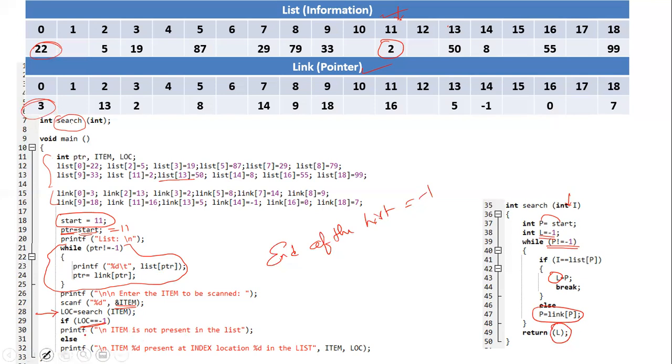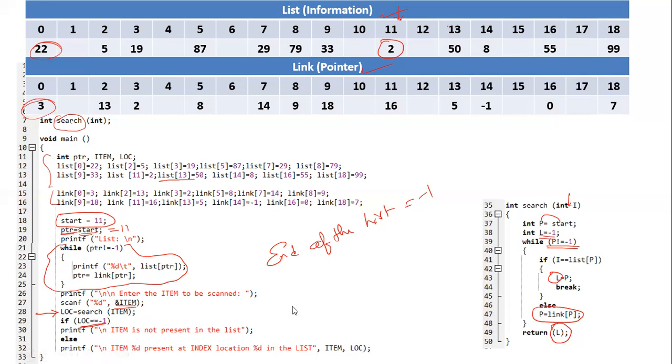Else, that means LOC has some valid value, then we say that this particular item is present at this particular index location in the list. So what values are we passing here? Item and the location values are passed here.